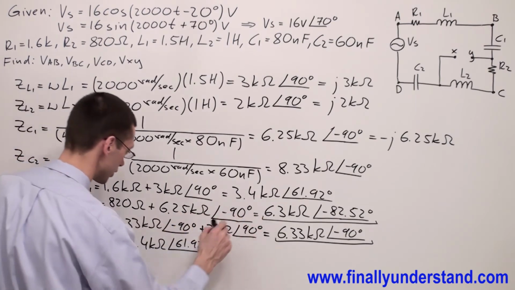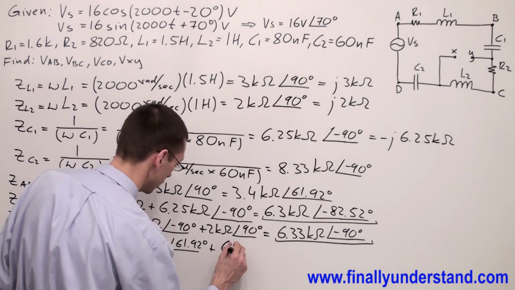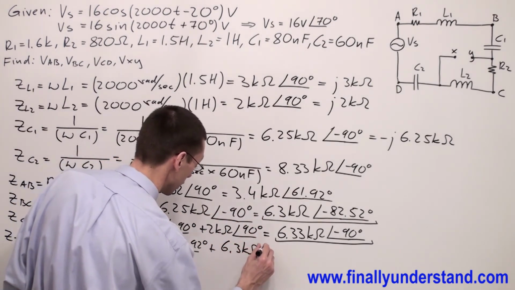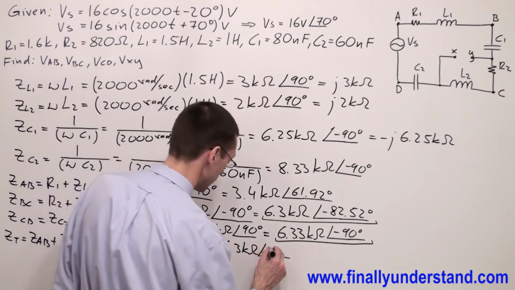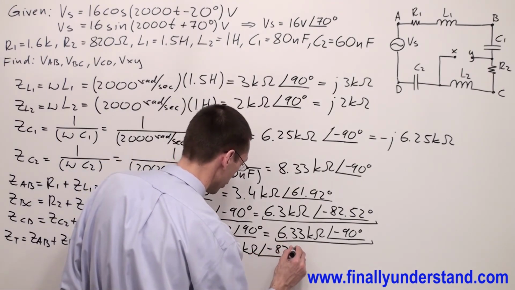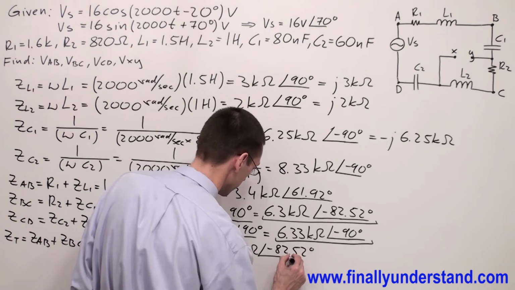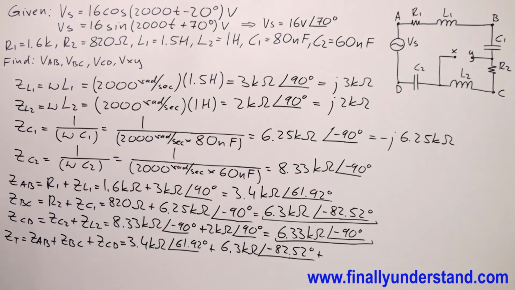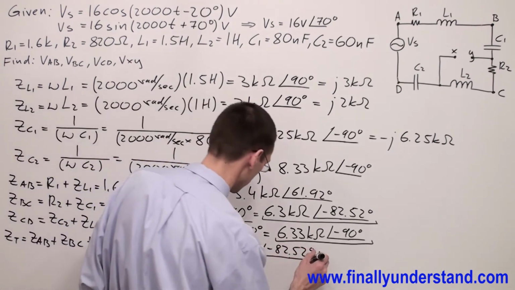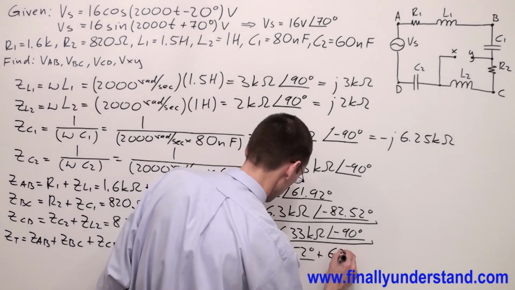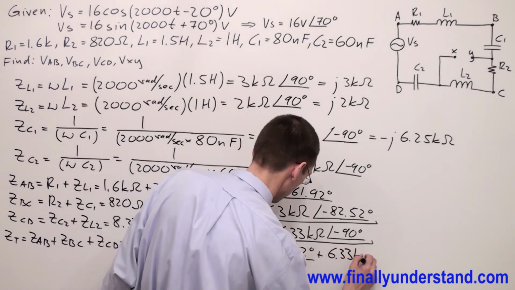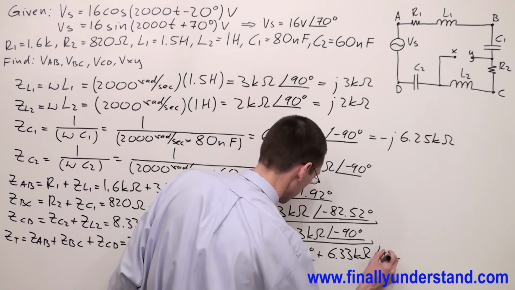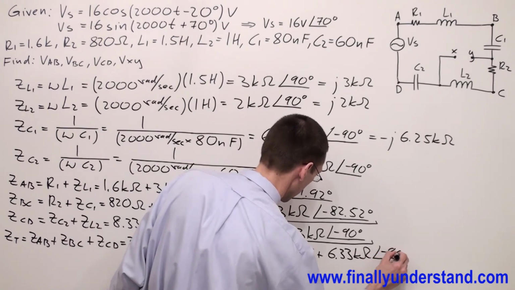ZBC is equal 6.3 kilo ohms and angle of negative 82.52 degrees plus the impedance ZCD, which is equal 6.33 kilo ohms and angle of negative 90 degrees.